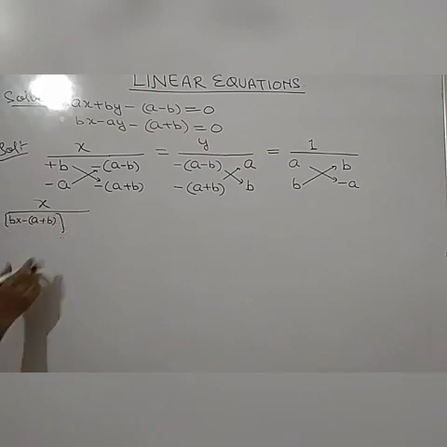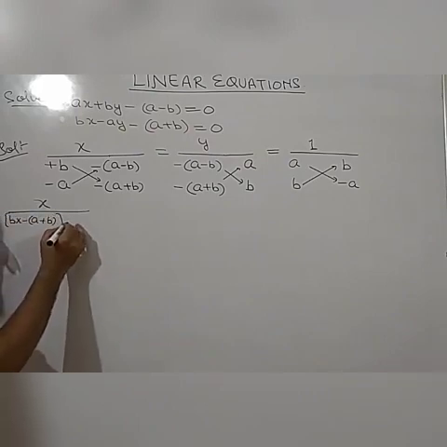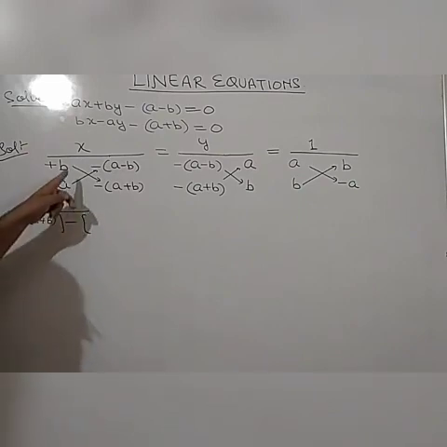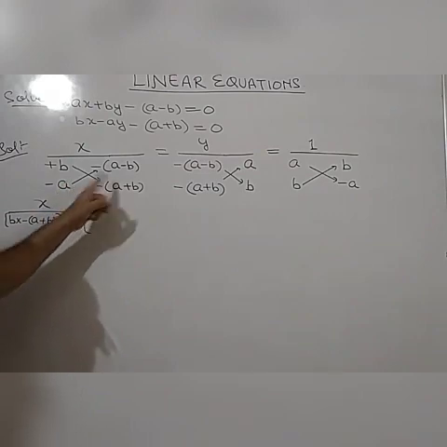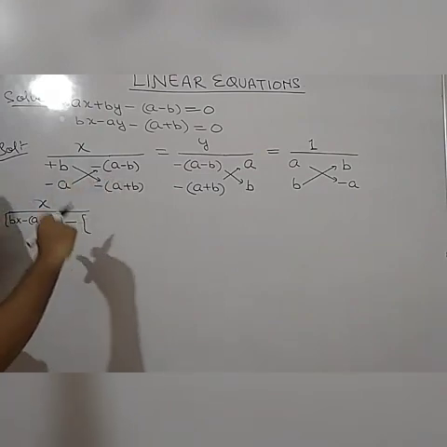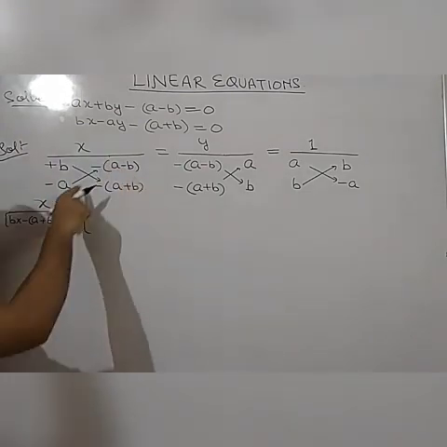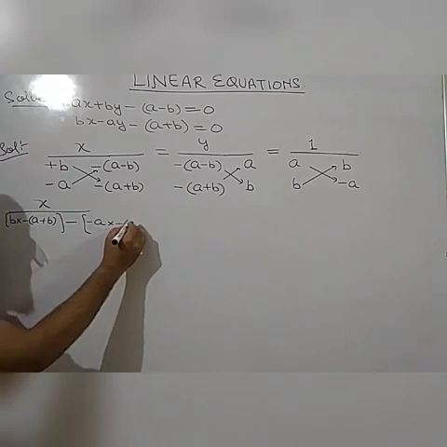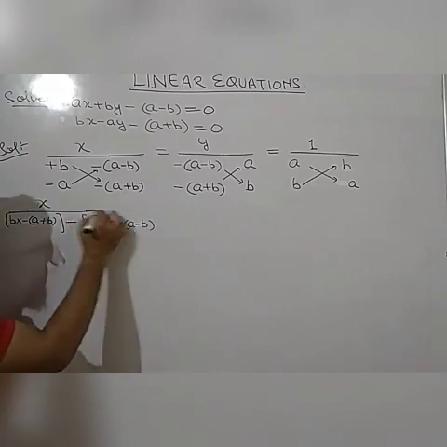Use the bracket. Then minus sign in between. Then in second bracket, first we will multiply from up to down, then from down to up. So use minus sign in between. This minus sign is for cross multiplication method. Now, what will be multiplied? Minus a into minus a minus b.